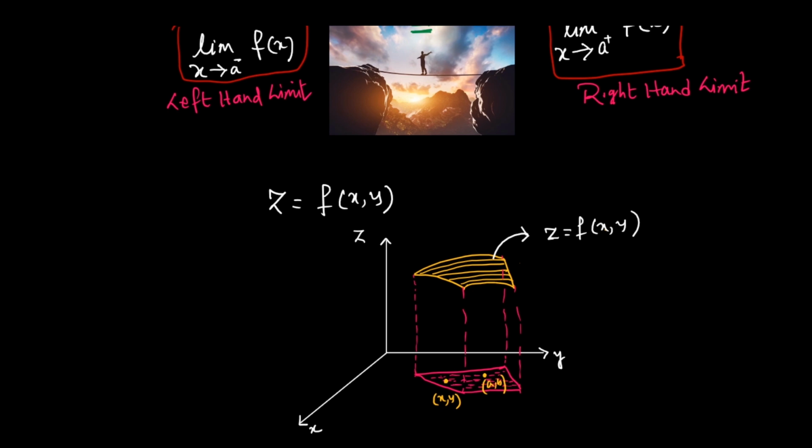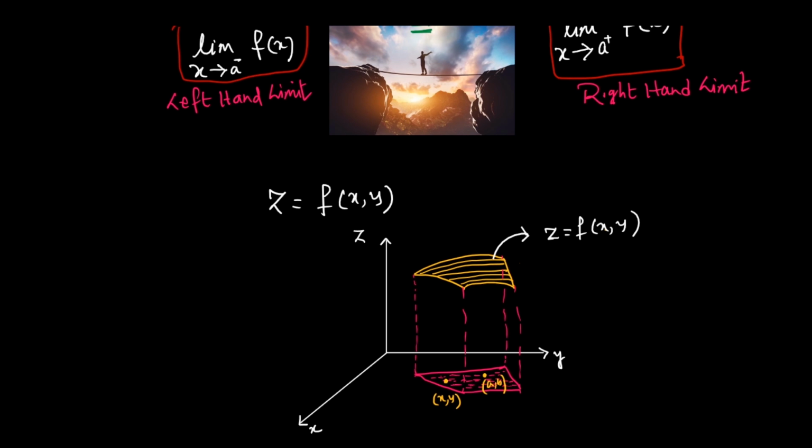Now again the same thing will happen here, a variable point. Now here points are lying on a plane, so we need to write them in ordered pair notation. A variable point (x, y) may lie anywhere in the domain. For the sake of discussion, I have shown it somewhere. This is approaching the fixed point.